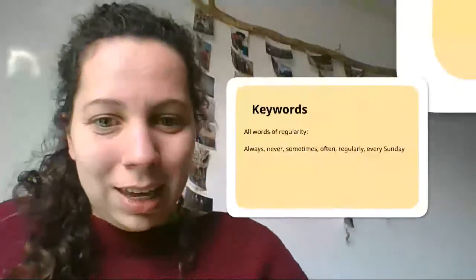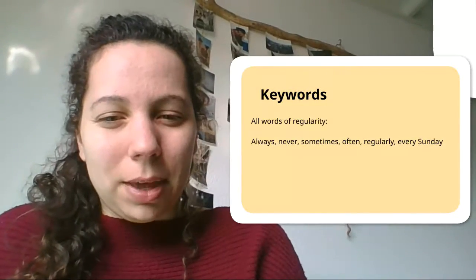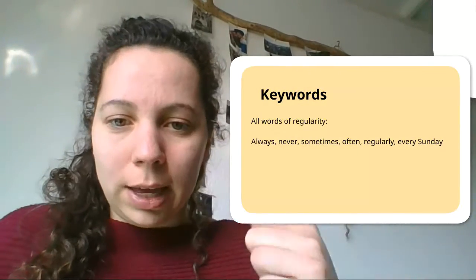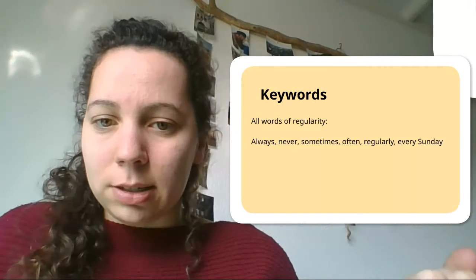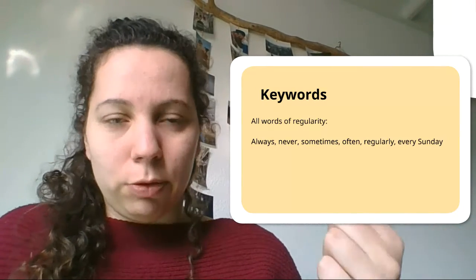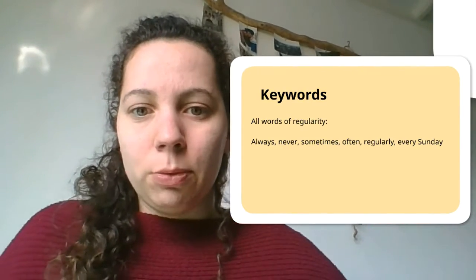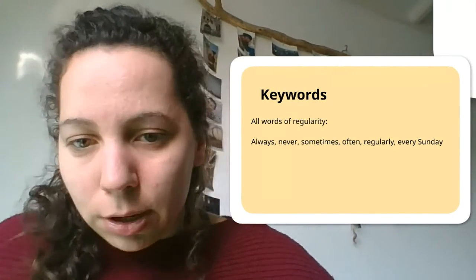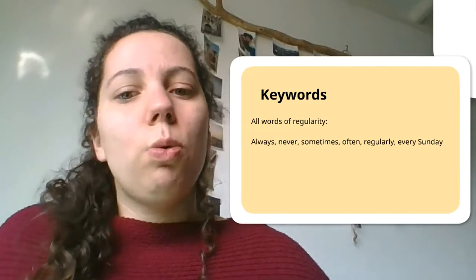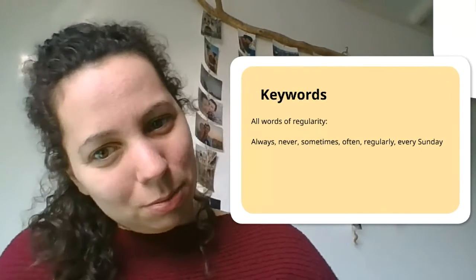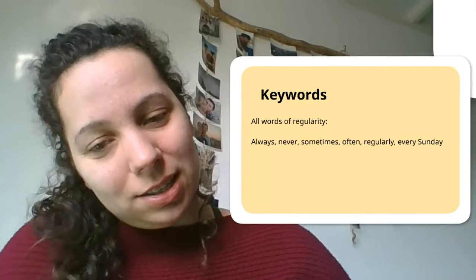There are great keywords for this one. Keywords are those words that we try and look at when we are doing a mixed tense assignment, so that we can figure out which verb tense we need to use. The keywords for this verb tense are all words of regularity, because remember, it's something we do regularly. It's a habit.